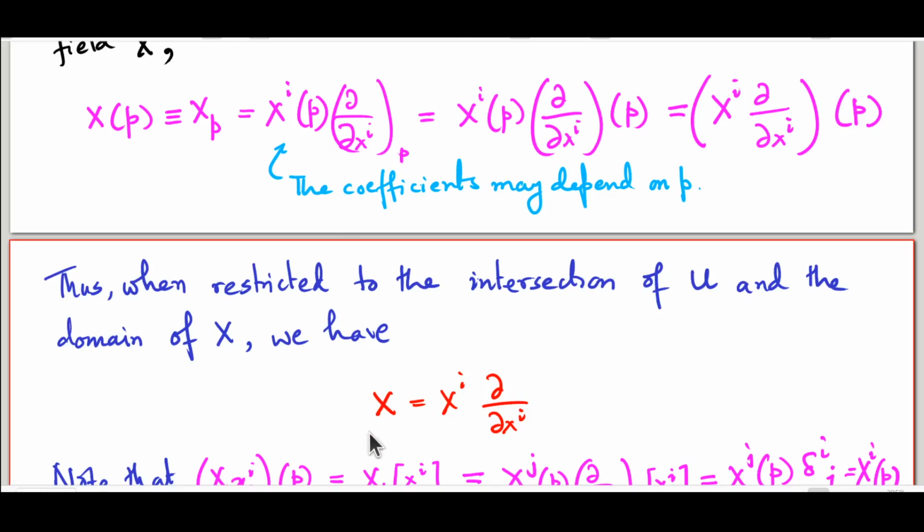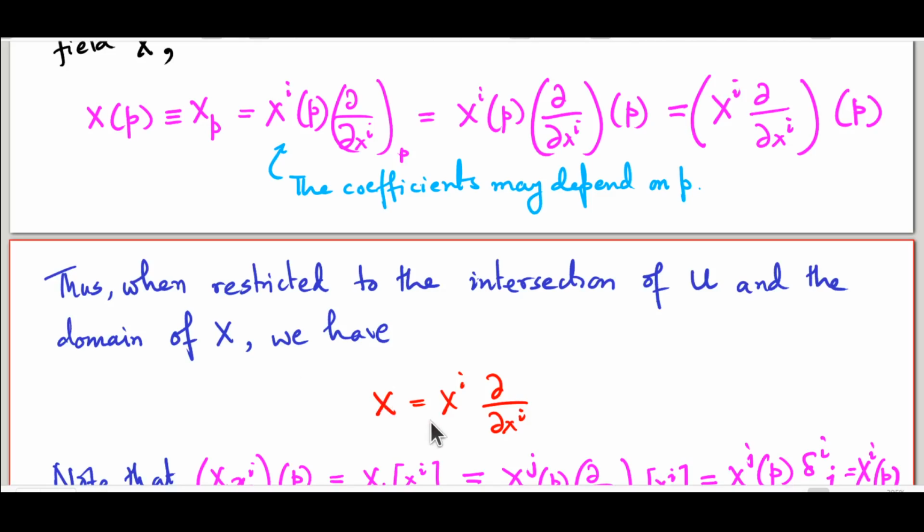A vector field X has a very similar expansion, but there the entities which stand in for the basis vectors are actually vector fields, and what you have as coefficients are functions whose values at the point P give you these coefficients.